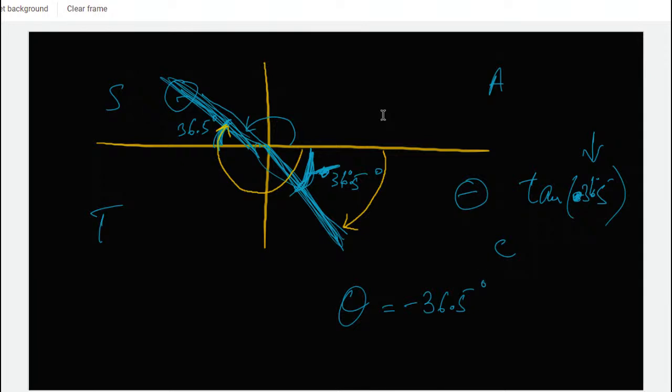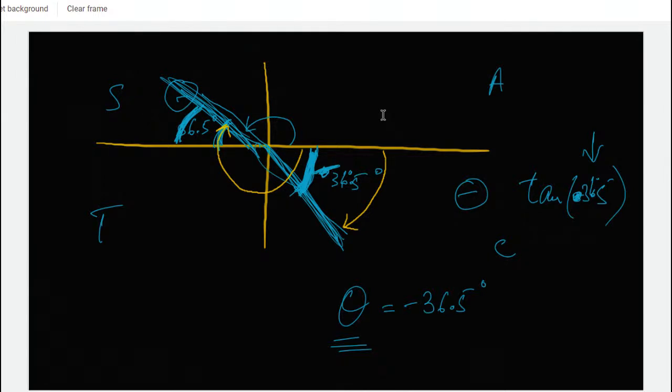Now tan theta is also minus 0.7, whatever the value of tan theta, it's going to be minus 0.7, right? So if tan is in this particular quadrant, whatever the angle, it would give me the negative values.